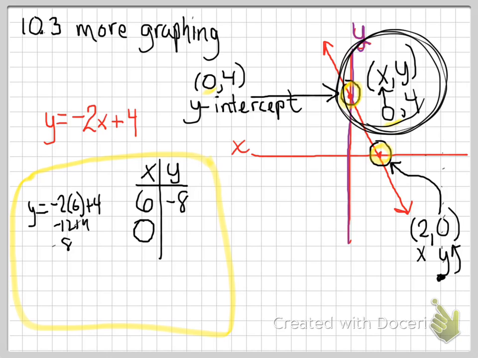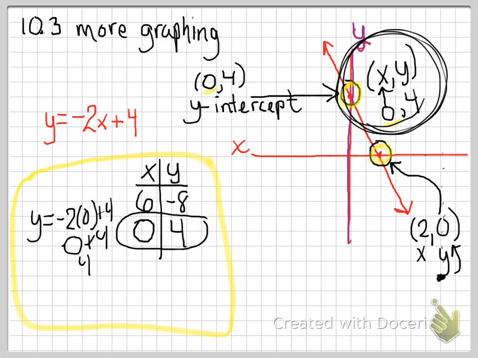So that means if I put a 0 in for x, and I solve the equation, I should be able to find where it hits that. So that's going to be 4. So this must be the y-intercept. I could do it without the picture.